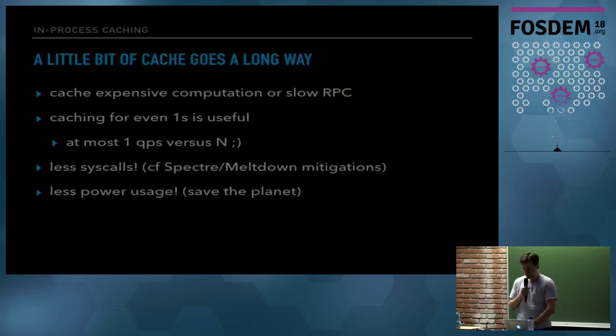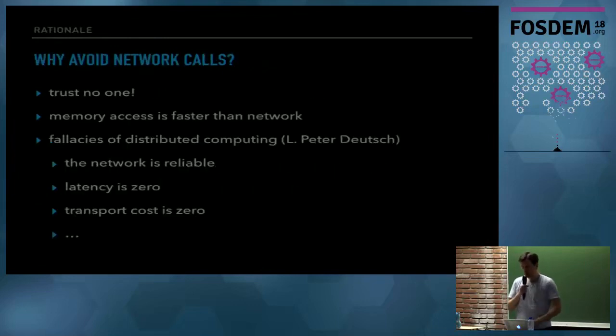So it's very important, in my opinion, to cache everything, because the less you do, the less you pay for. And avoid network calls, because I don't like the network. Plus, we have seen already today that the fallacies of distributed computing are very nice.